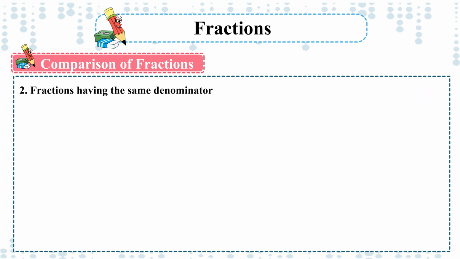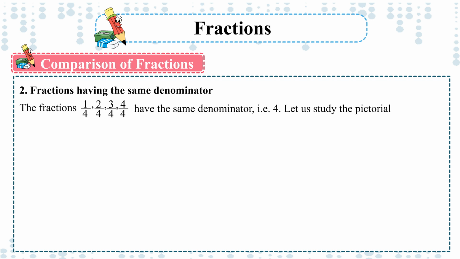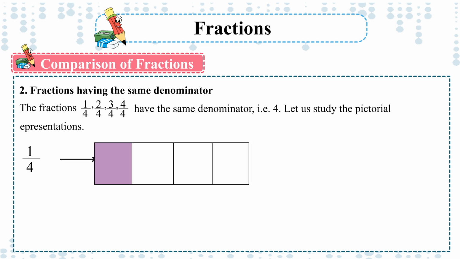Fractions having the same denominator. The fractions 1 upon 4, 2 upon 4, 3 upon 4, 4 upon 4 have the same denominator, that is 4. Let us study the pictorial representations. 1 upon 4.